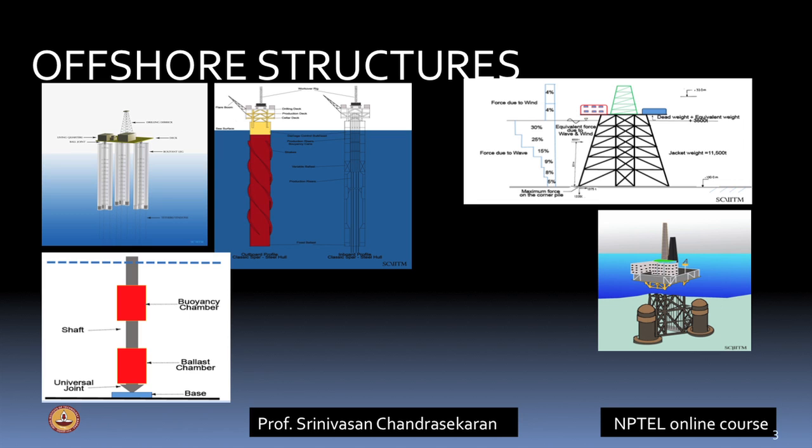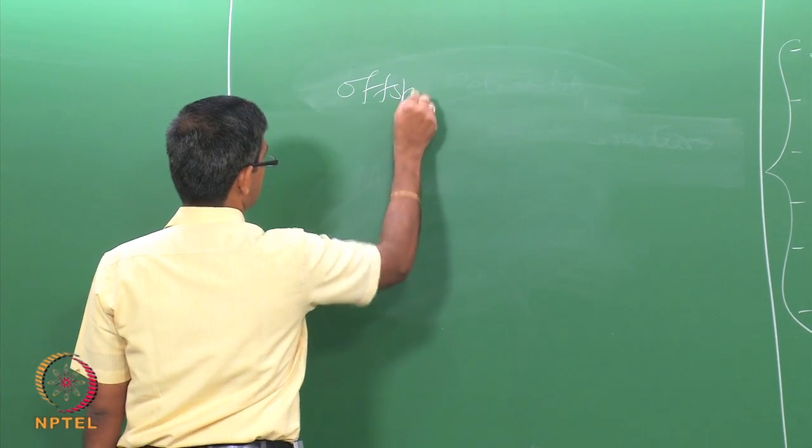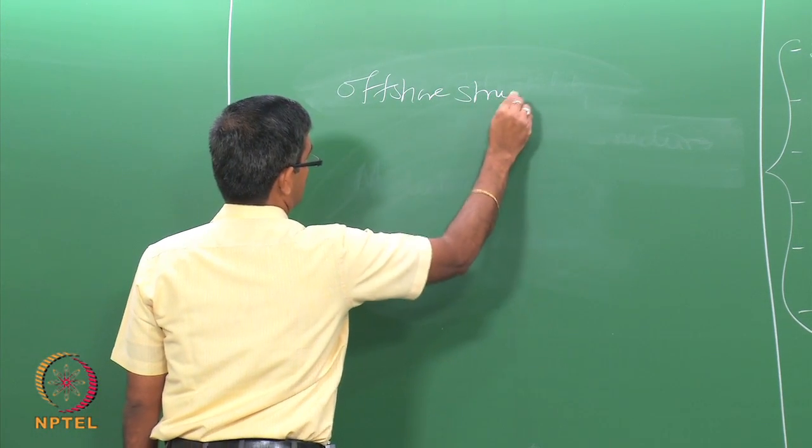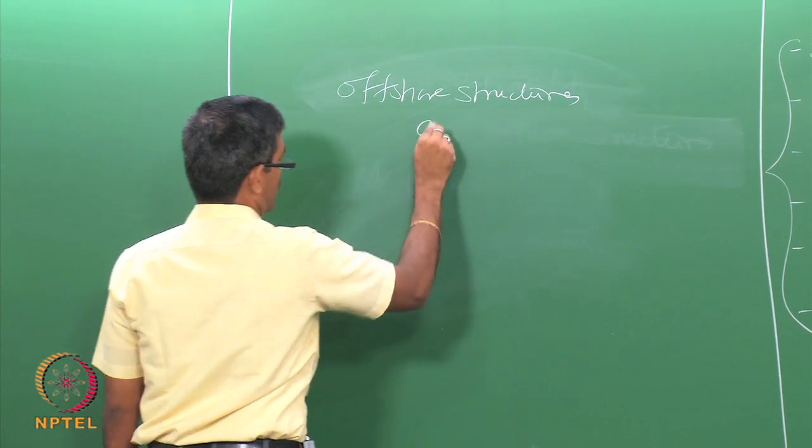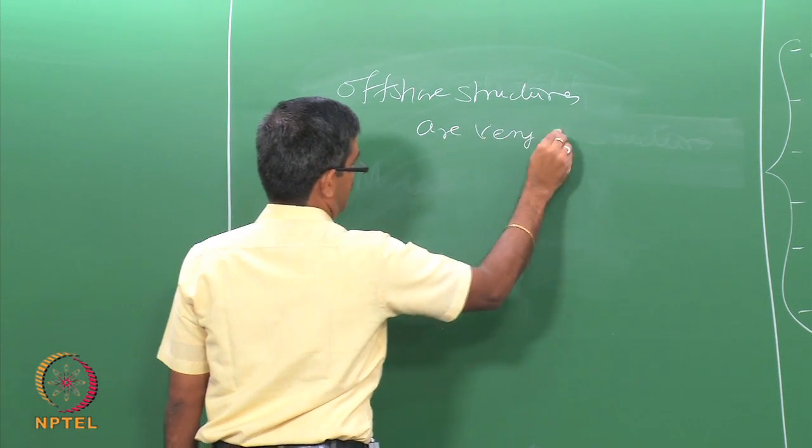The one you see on the left is an articulated tower with a buoyancy chamber and the ballast chamber indicated in red color. These pictures will give you an idea that offshore structures are very classical in nature.